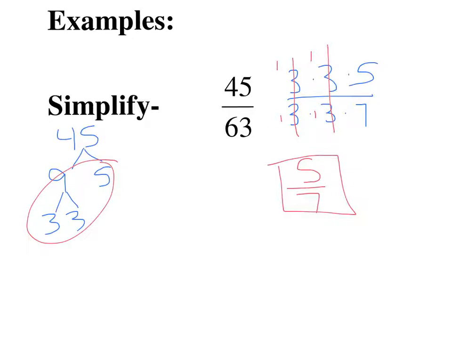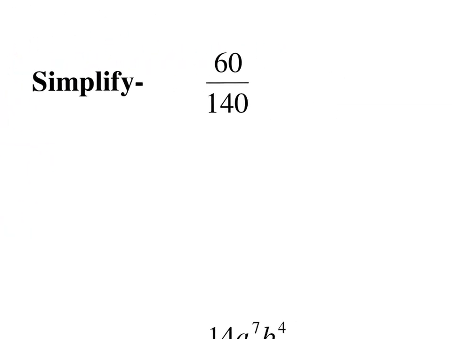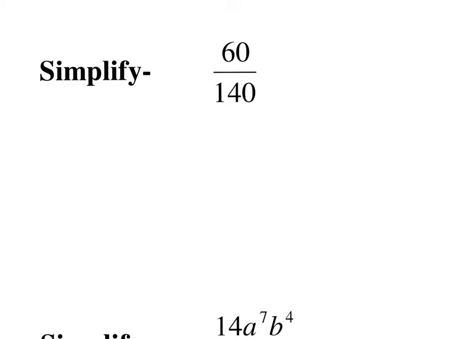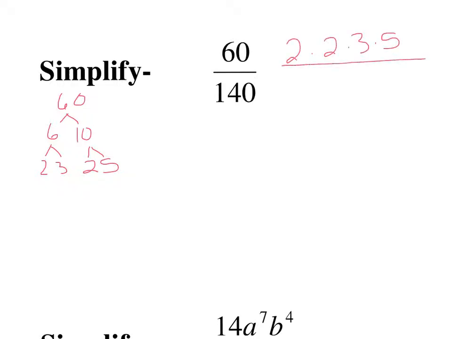All right, let's look at number 2. We're going to simplify 60 over 140. So if you need to use the tree, let's do 6 times 10, 2 times 3, 2 times 5. So we'll have 2 times 2 times 3 times 5 for 60.